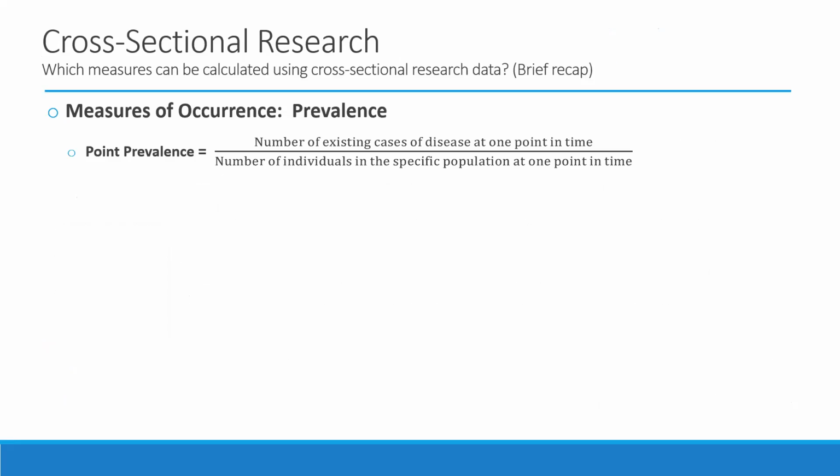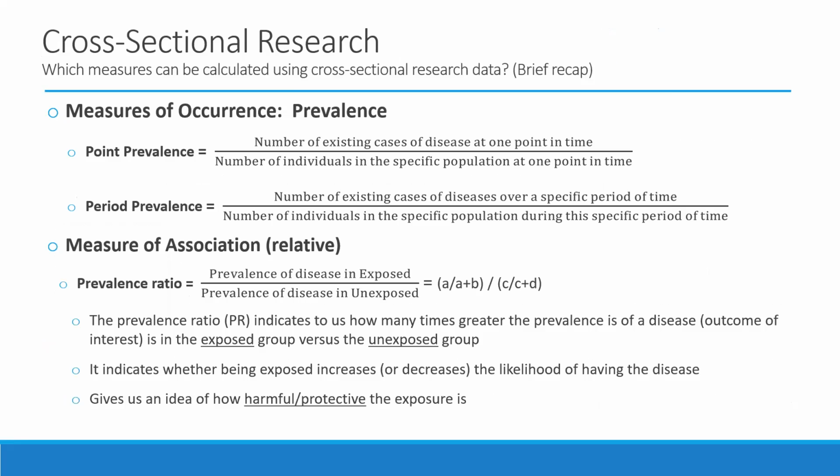And the other thing is, if you're looking at one point in time, this is more suitable for diseases that last for a long time. So this is prevalence, and you know the difference between prevalence and incidence, right? Prevalence is the number of cases in a population at a particular time.